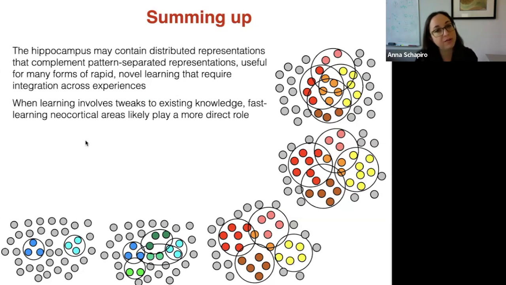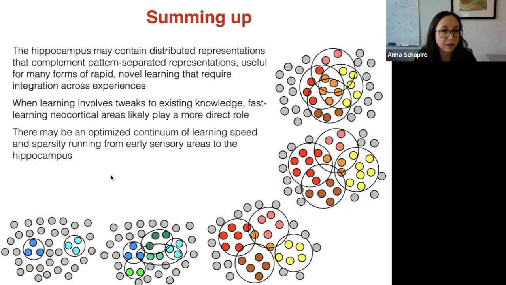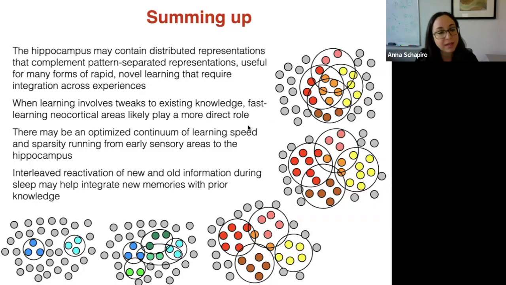But when learning involves tweaks to your existing knowledge, we think that fast learning neocortical areas likely play a more direct role, and that ultimately we maybe should be thinking of this as an optimized continuum of learning speed and sparsity running from early sensory areas up into the hippocampus. And then finally, that interleaved reactivation of new and old information during sleep might be useful for this process of integrating new information with our prior knowledge.